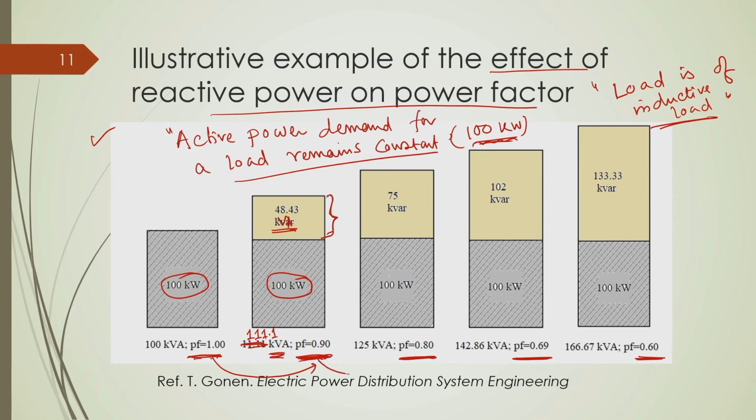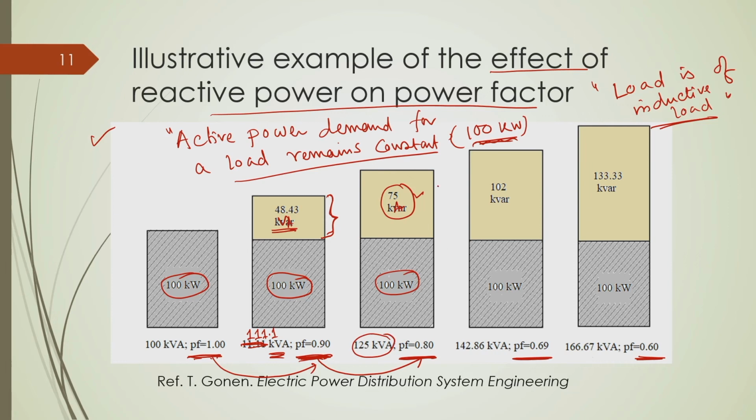Now, further power factor is changed from 0.9 to 0.8. For that condition, reactive power demand is increased to 75 kVAR, active power remains the same, and since reactive power increased, kVA demand is also increased.